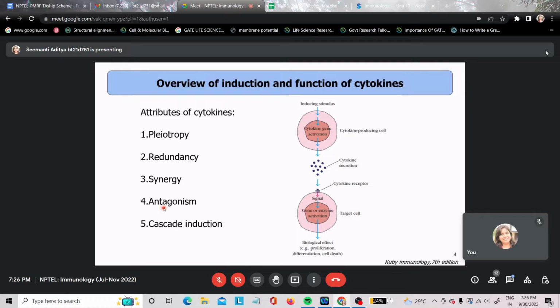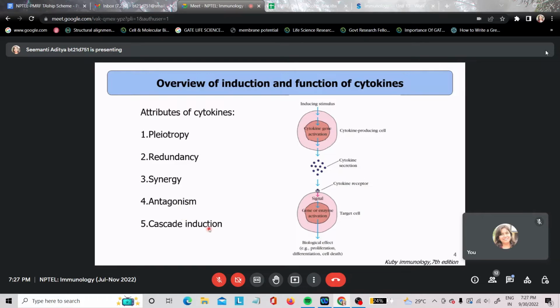If a lot of class switching, proliferation, or differentiation of the cells takes place, the balance will not be maintained, and there will be an overwhelming response from the immune system, and we do not want that. Those are the responses which can lead to autoimmunity or hypersensitivity. These are the times when the immune system does not function properly, or is not balanced properly. So we need certain cytokines which will show inhibitory effects.